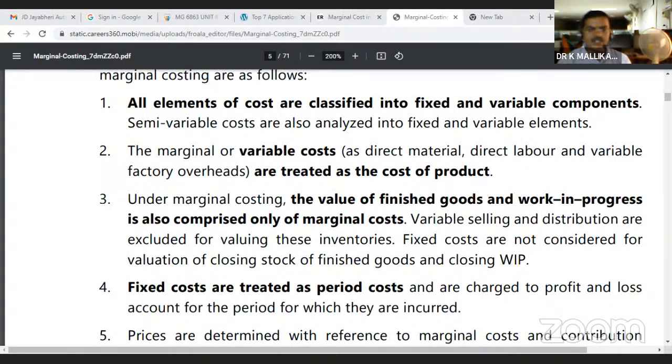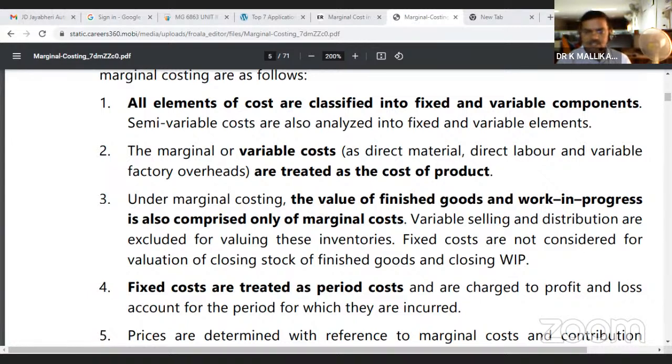Marginal costing also values finished goods and work in progress only at marginal cost. We know there are different stages of production: raw material, work in progress, finished goods, stores and so on. Variable selling and distribution expenses are also excluded for valuing these inventories.